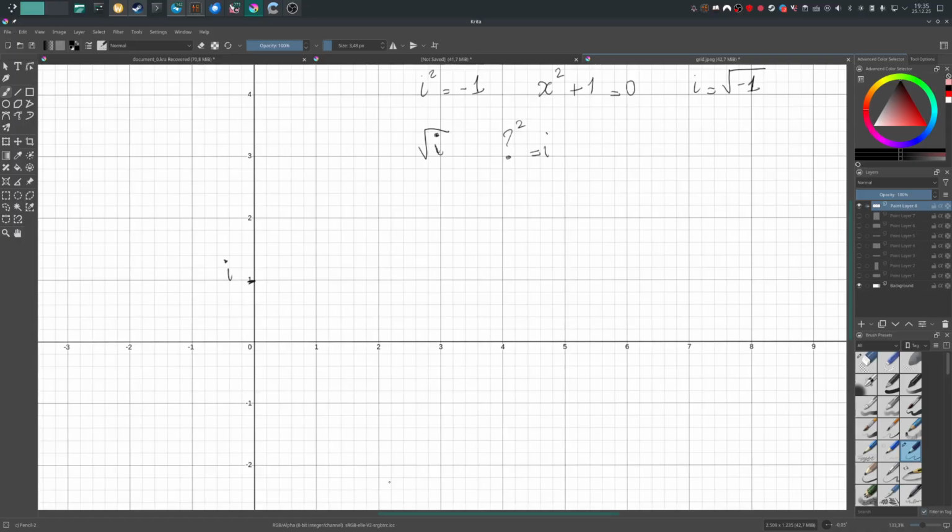So it has to be half the angle, half of i. i is 90 degrees, so it has to lie on that line, at 45 degrees. Any point on that line multiplied by itself will go on the line of i, for sure. But now there's another constraint. i has length 1, so I need something of length 1. So it has to be about there.